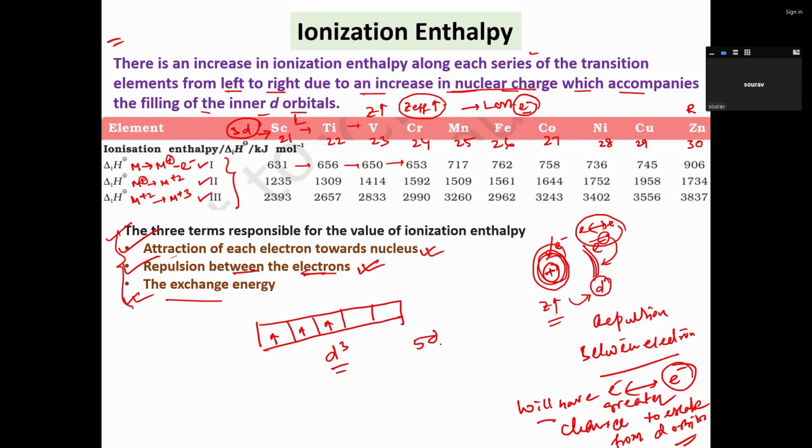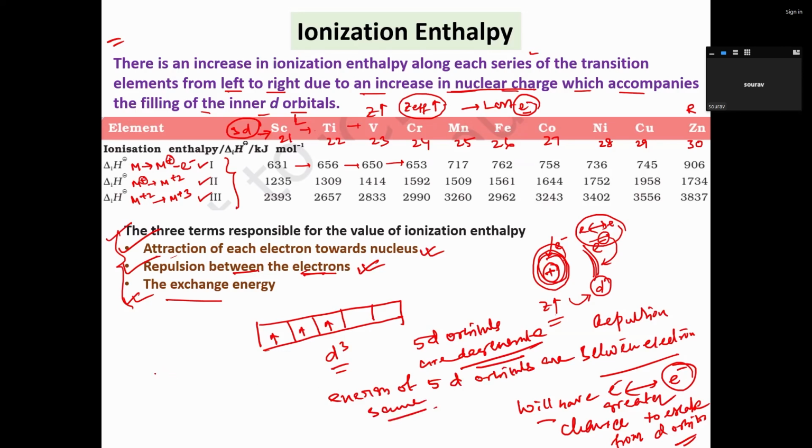And these 5d orbitals are degenerate. Degenerate means that the energy of the 5d orbitals is the same.